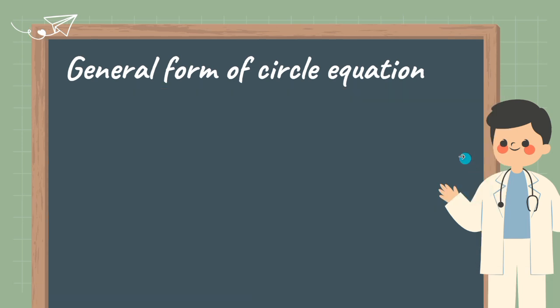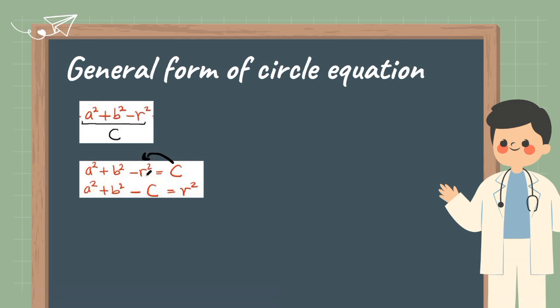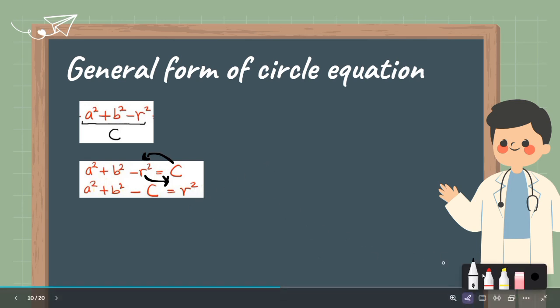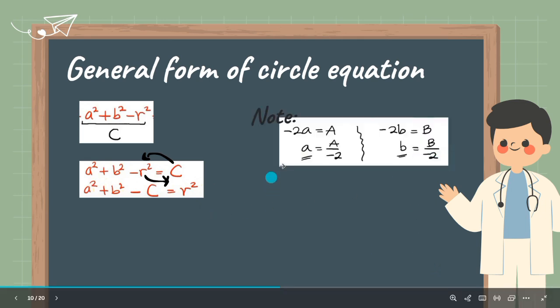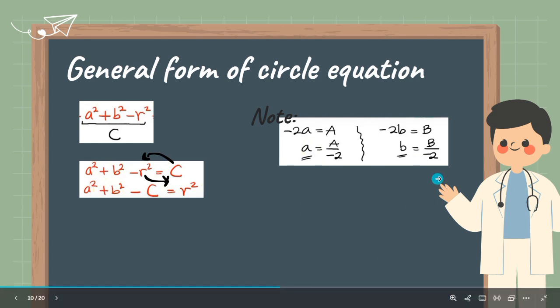Now we will look for the radius. To get the radius, we can find it through the supposition on C. We expand the side on the left by moving it to the right, and C capital we move it to the left. Remember that the value of a is A capital over minus 2 and b is B capital over minus 2.